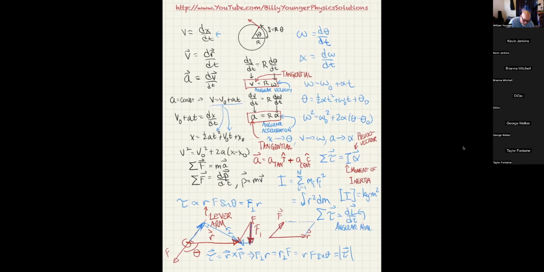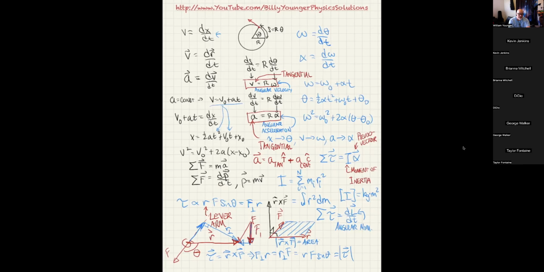And it turns out that R cross F is actually equal in magnitude to the area of that parallelogram. And in fact, the vector R cross F is perpendicular to R, and it's perpendicular to F as well. And obviously its length is equal to the area. So that's some of the neat stuff we found now about torque.